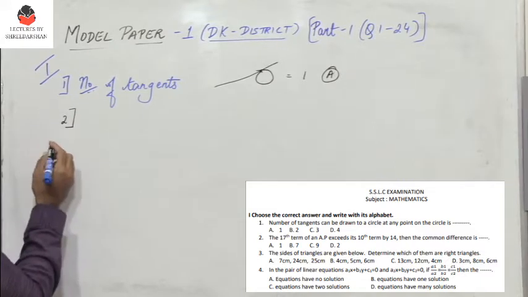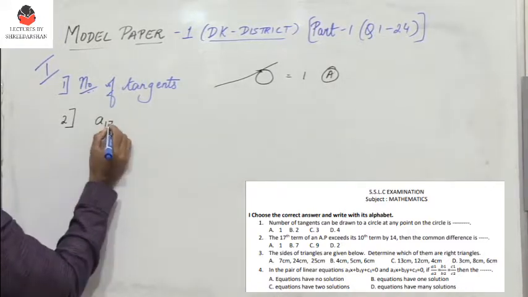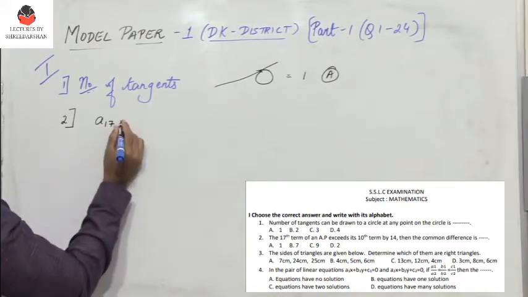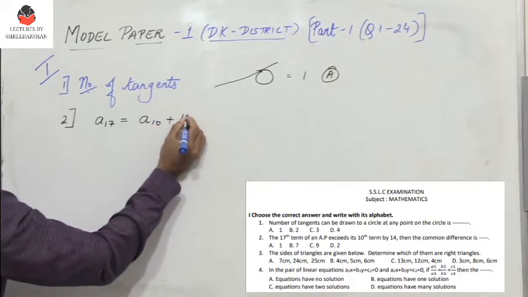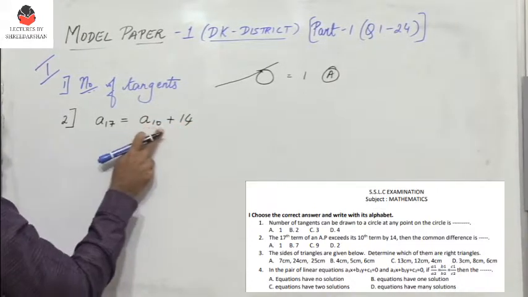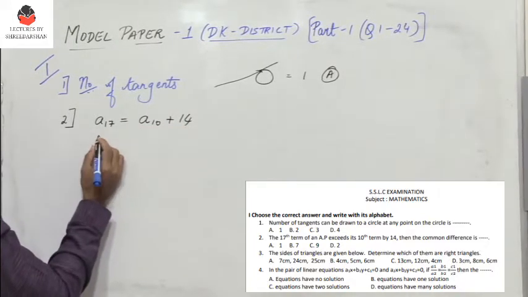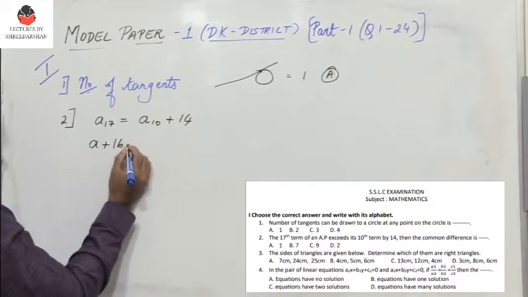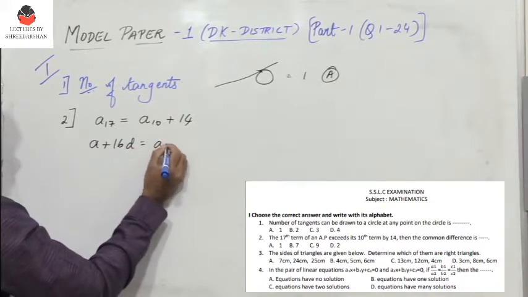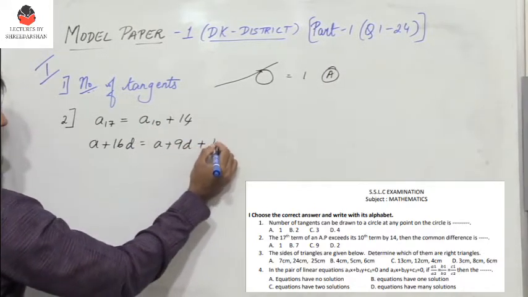Question 2. The 17th term exceeds the 10th term by 14. What is the common difference? Let the 17th term be A17 and the 10th term be A10. I have A17, which is a plus (n minus 1)d, that is 17 minus 1, 16d, equals a plus 10 minus 1, 9d, plus 14.